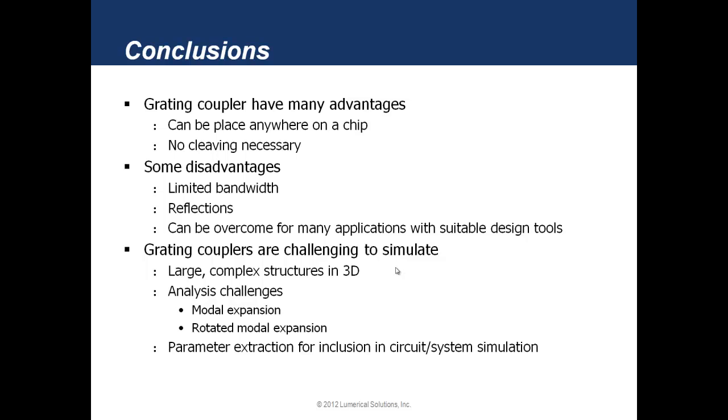So to do that we use modal expansion, and when you consider fibers that are rotated, you need to start looking at rotated modal expansion, which is a pretty complex type of analysis. And then the parameter extraction for inclusion in the circuit and system simulation is not trivial, but once you can do modal expansion, it does become much easier.